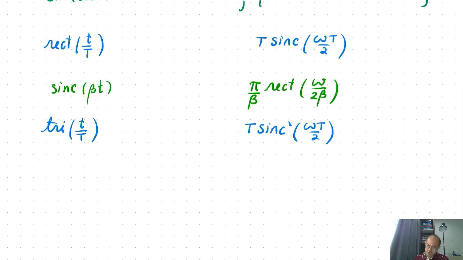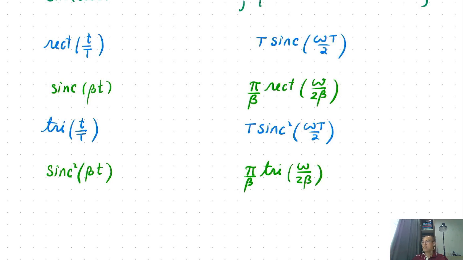And of course, if you use duality, you're going to find that sinc squared of beta t has the Fourier transform of pi over beta times the triangular signal of omega over 2 beta.